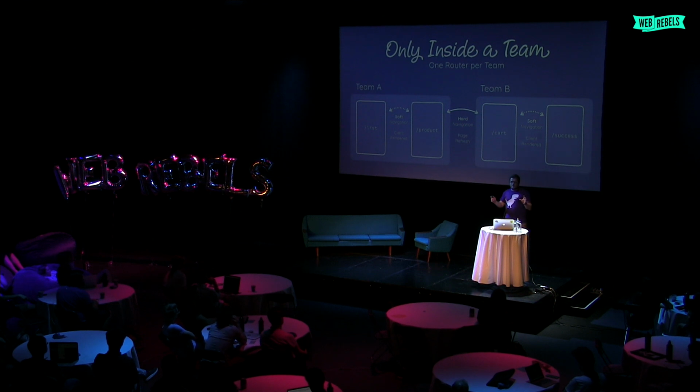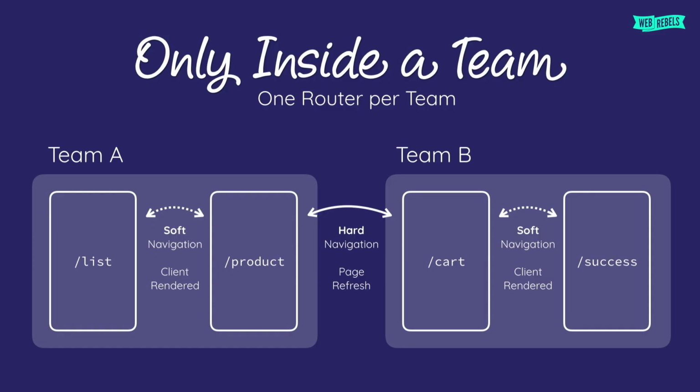Then each team can implement their own routing, their own soft navigation. So when you go from the list to the product page and back, this will be updated and rendered on the client with DOM diffing and everything. Same goes for links inside of Team B. But you have hard navigations when you cross team boundaries. So when you go from the product page to the cart page, the whole page will be reloaded and Team B is in control, for example.